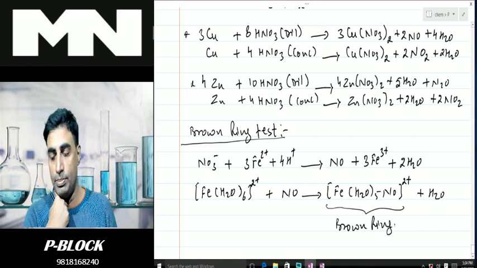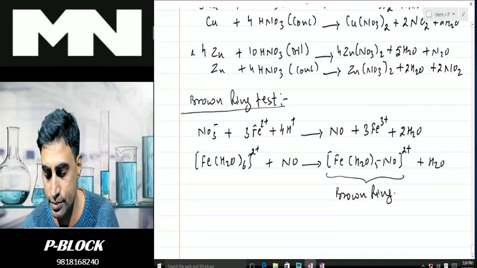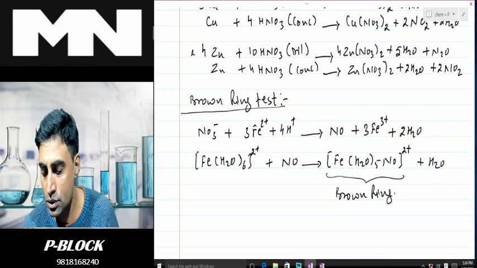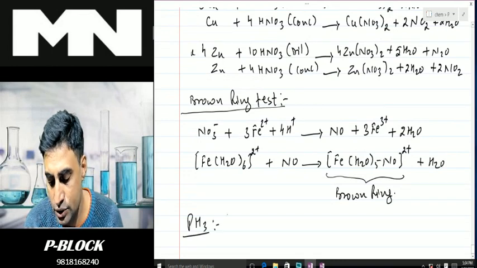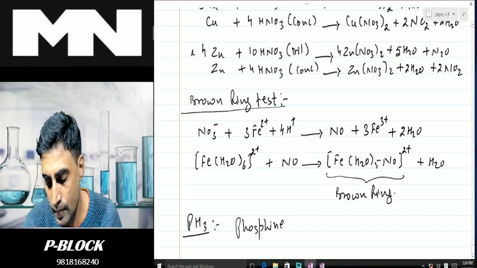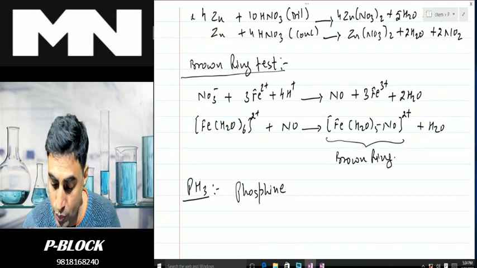We're left with two compounds now, that is PH3 and halides of phosphorus. So first we'll see phosphine, PH3, that is phosphine. How to form phosphine? The reaction which I am going to tell you is quite an important one.